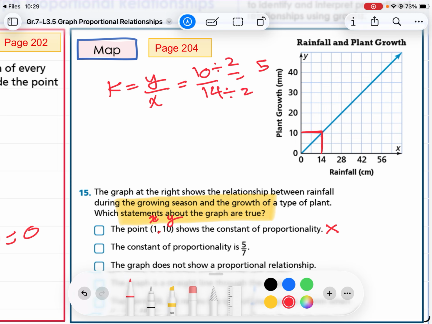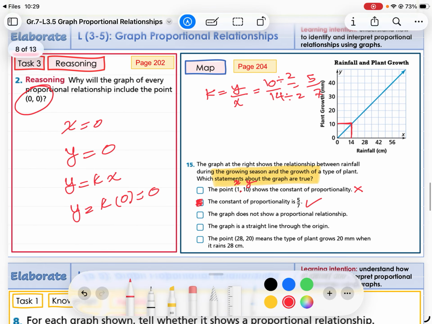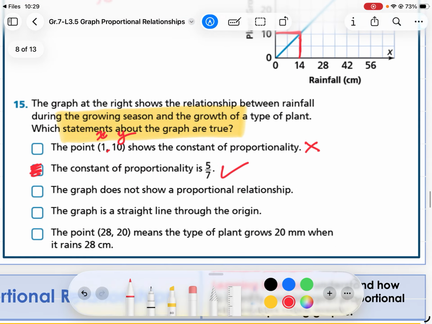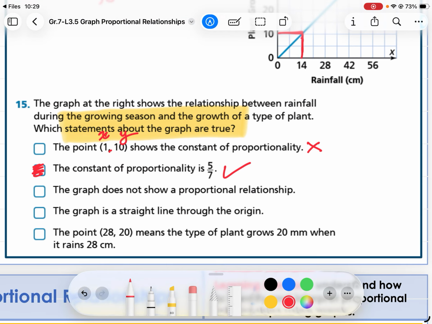So 10 divided by 2 is 5, and 14 divided by 2 is 7, so 5 over 7. Yeah, it's correct. So this one is an answer. Okay, so how do you find the constant? Take any value of x with its connected value of y, and then you divide them.